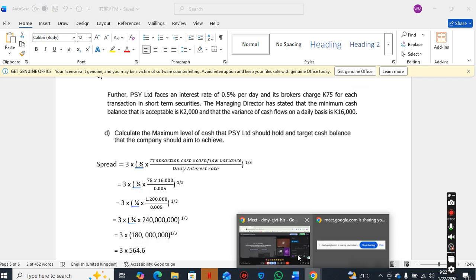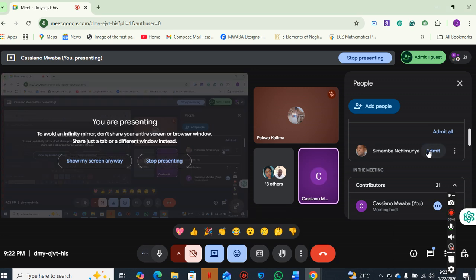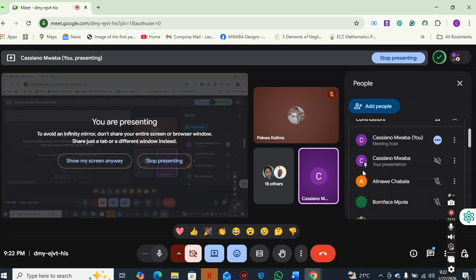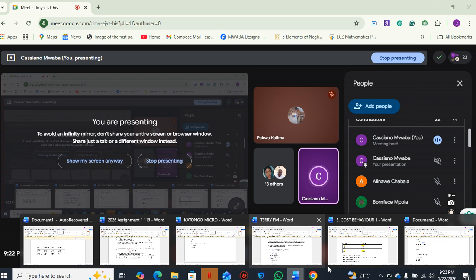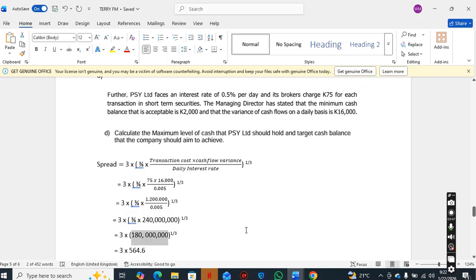I hope we have our calculator so that we are seeing this. Just don't follow along. Get your calculator, see if these are the actual figures. So the cube root of 180 million is 564.6.